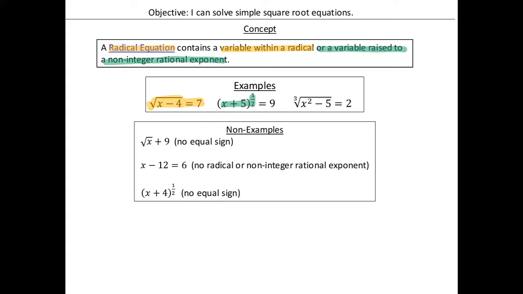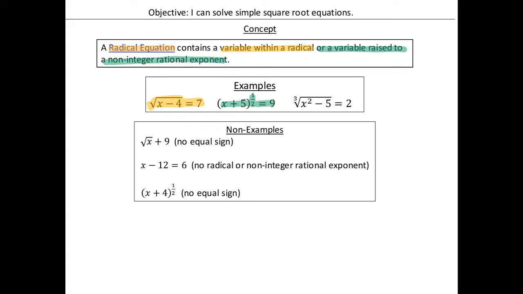That is the same thing as the square root of x plus 5 equals 9. Again, I can see an equal sign, so it's an equation, and it's raised to the rational exponent, like the 1/2. So that means it's a radical equation.